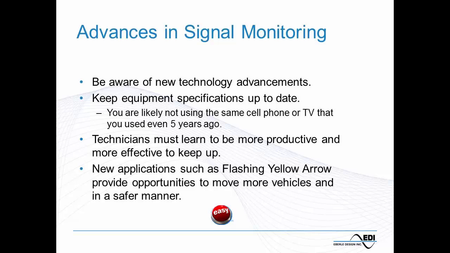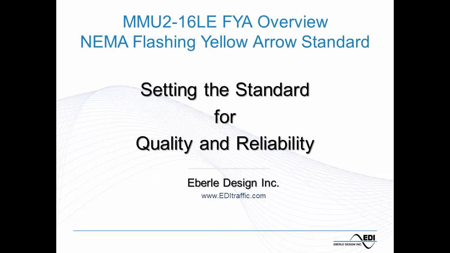So the operation will be to deploy an MMU, configure the program card as we would normally do, configure the flashing yellow arrow setup as I showed you in the previous slides. Then we would run the built-in setup wizard, and we now have an MMU2-16LE that should be ready to test and deploy in that cabinet.